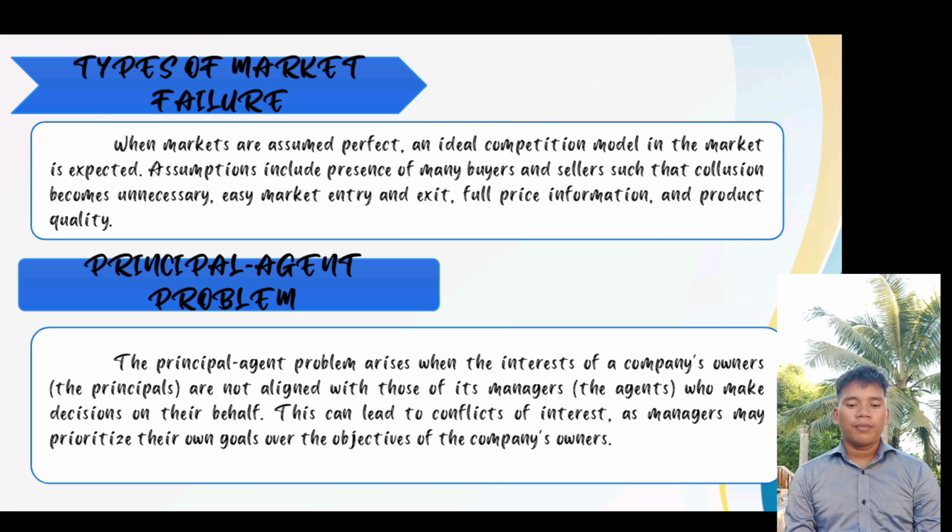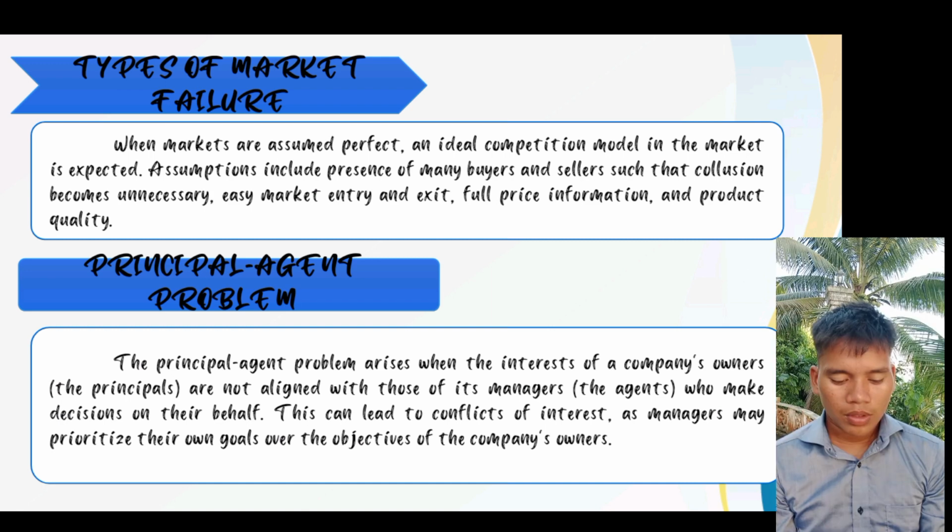Principal agent problem. The principal agent problem arises when the interests of company owners, the principal, are not aligned with those of its managers, the agents who make decisions on their behalf. This can lead to conflicts of interest as the manager may prioritize their own goals over the objectives of the company's owner.